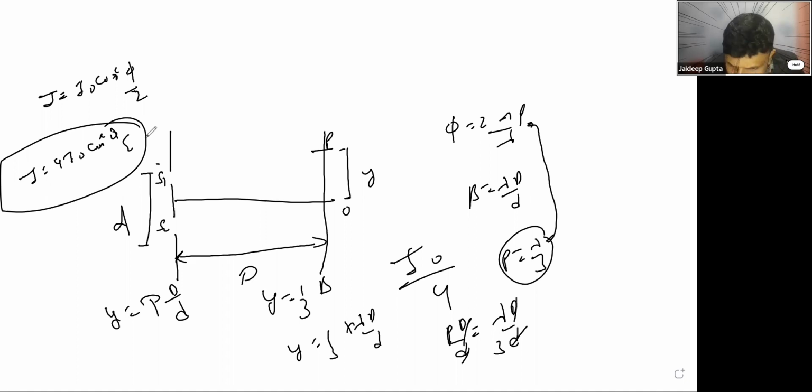Now, next question. Single slit, I think.